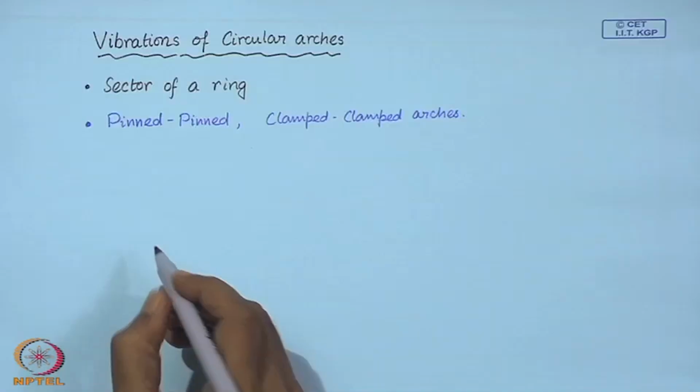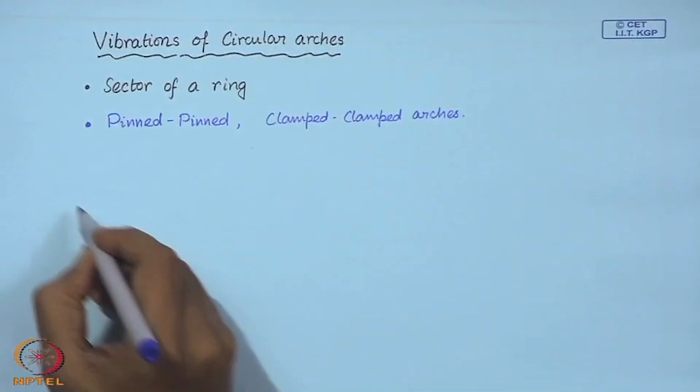So, let us see what are the boundary conditions, because we need to choose admissible functions for application in the Ritz method. So, let us look at first the pinned arch.